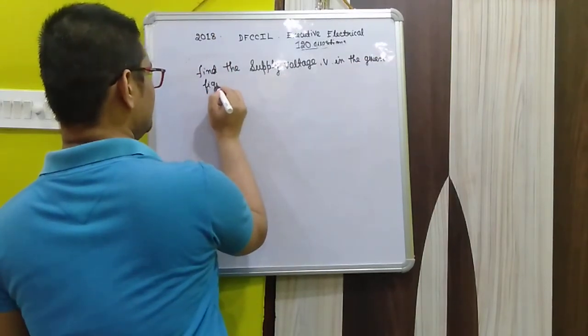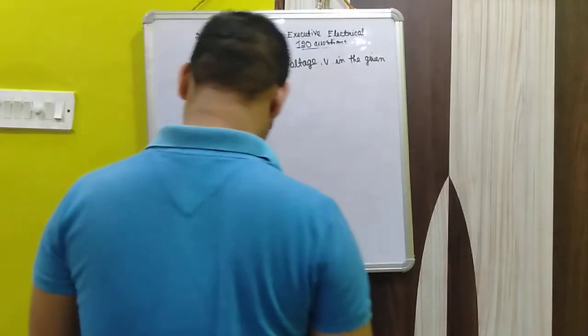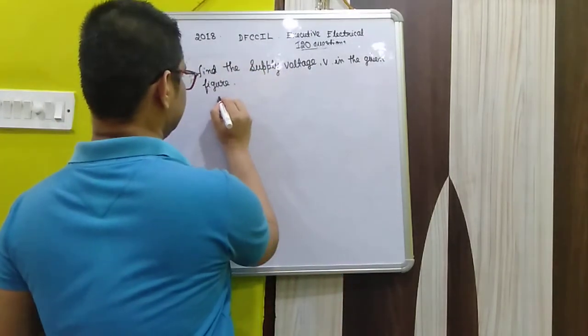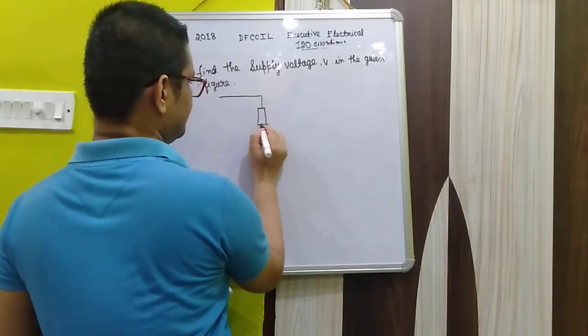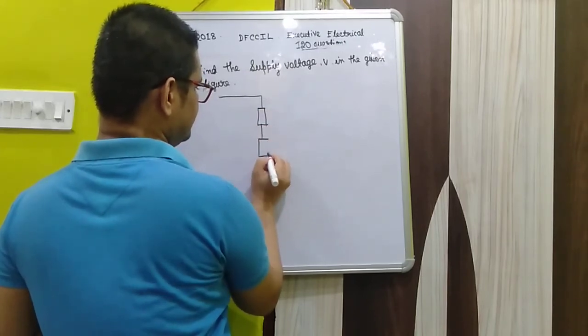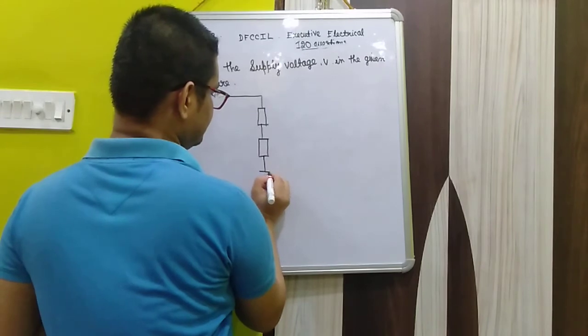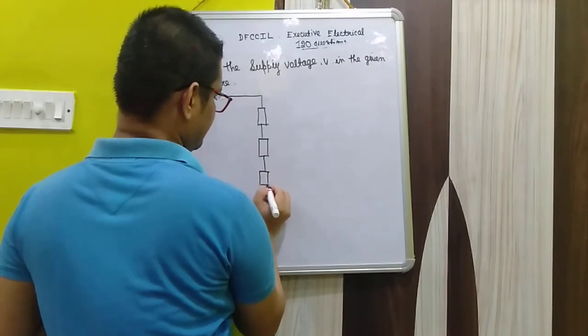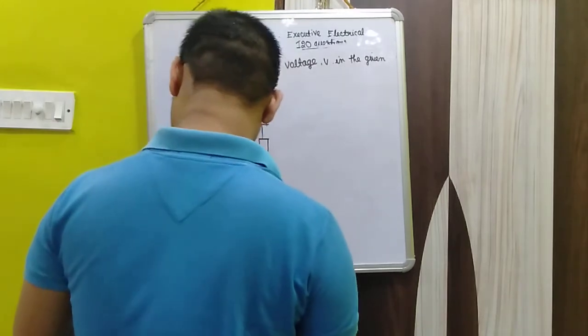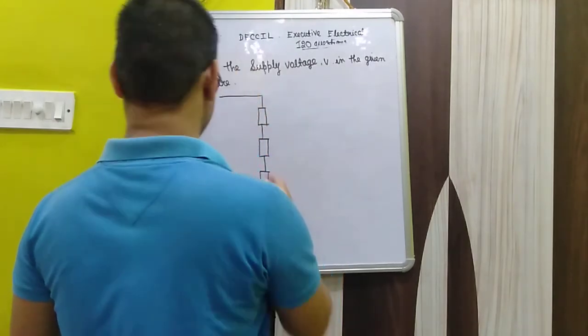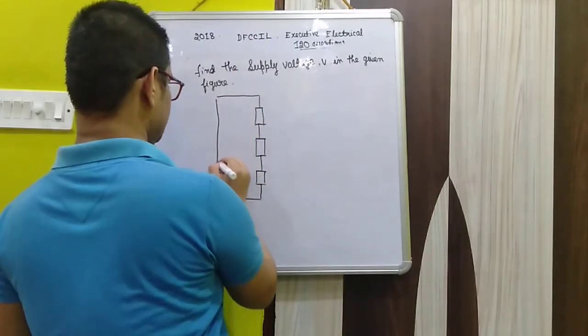So I'm going to draw the circuit that came in the examination. This is the circuit. This is one resistance, this is another resistance, and this is another resistance. And there will be the voltage source here.